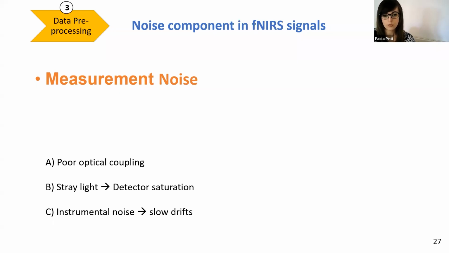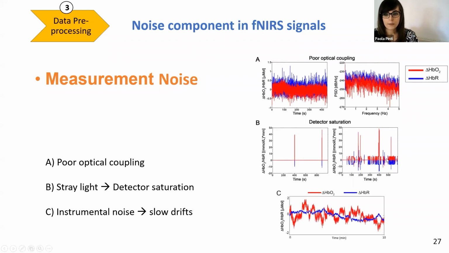This means that we don't have a good contact between the optode tips and the scalp of the participant's head. So what can happen is that we are not measuring anything physiologically meaningful. Here on panel A, I'm presenting an example of oxy in red and deoxyhemoglobin signal in blue, recorded from a channel with a poor optical coupling.